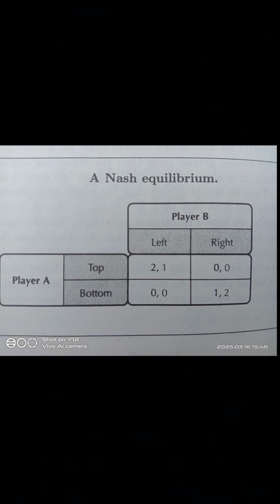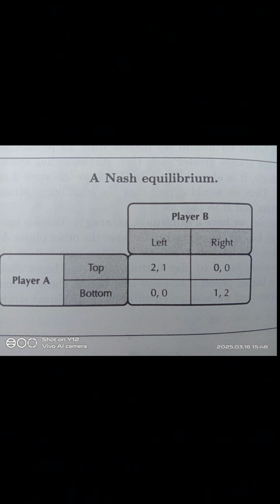If A knows that B is choosing left, then the top strategy will be better than bottom, because the top strategy has payoff 2, which is greater than 0 for the bottom strategy. So if A knows that player B plays left, then A has to choose top, not bottom, because top has the higher payoff, 2, compared to the bottom payoff 0.